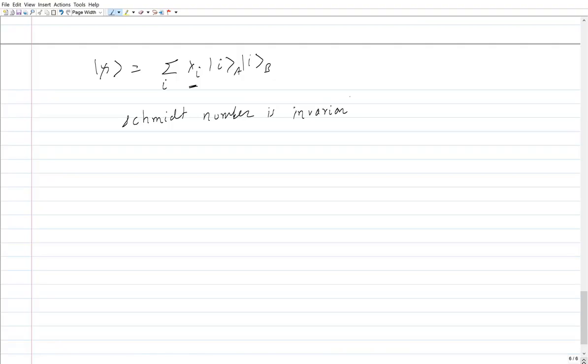One more essentially good thing is that, we've already covered this, but let's say this is my Schmidt decomposition. The number of non-zero lambda i's, or the Schmidt number, is invariant if we apply local unitaries.